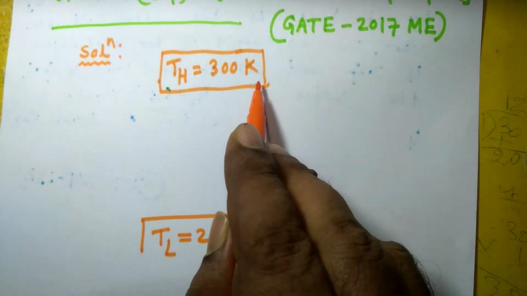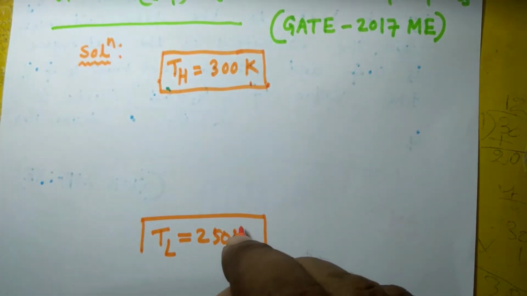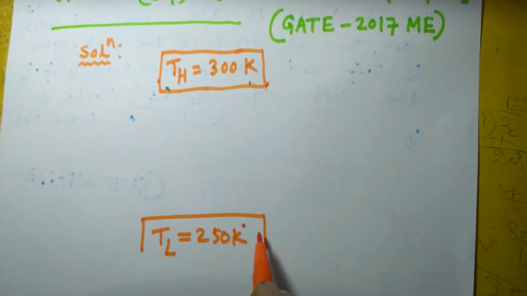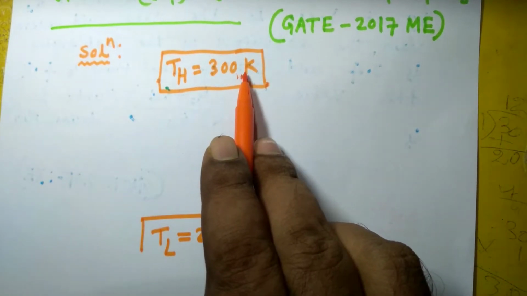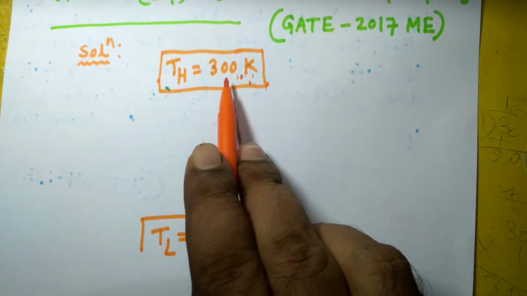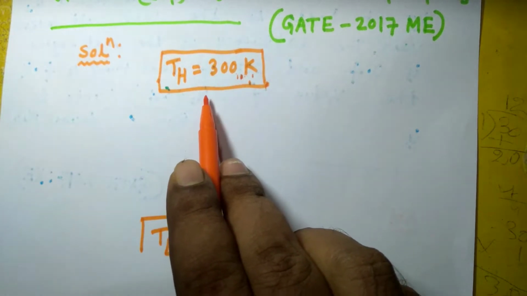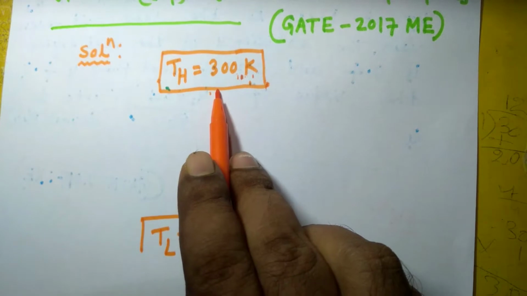And since the room temperature is higher than the surrounding temperature, obviously heat will flow from the room towards the surrounding. So this temperature will go down with the passage of time. So to maintain the temperature at this level, we have to continuously supply heat to this.